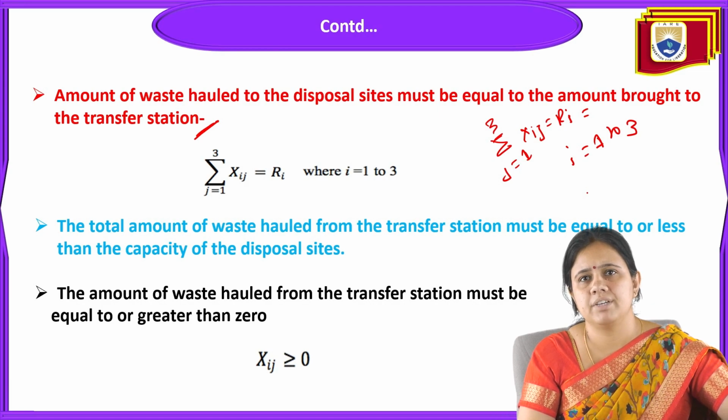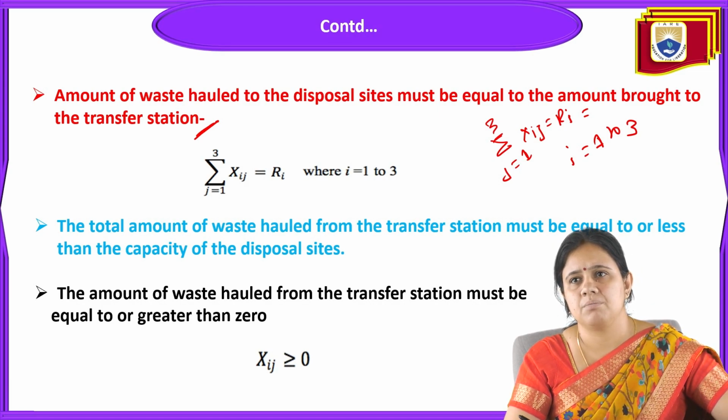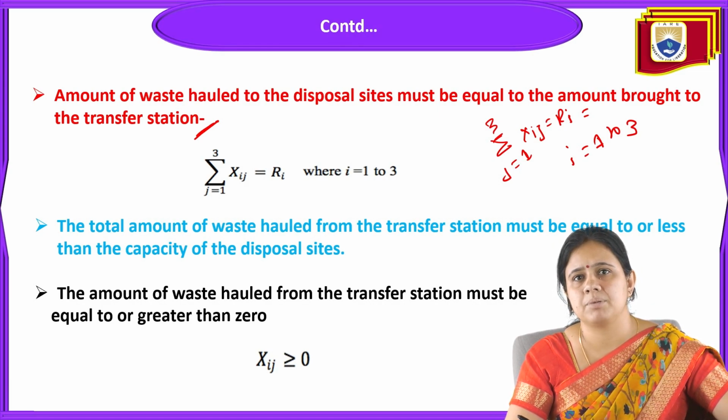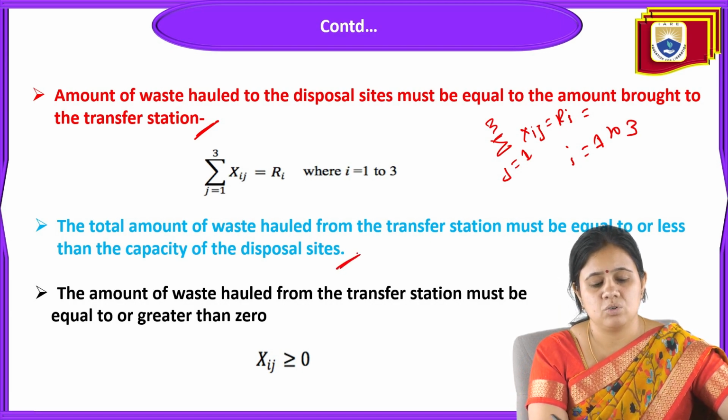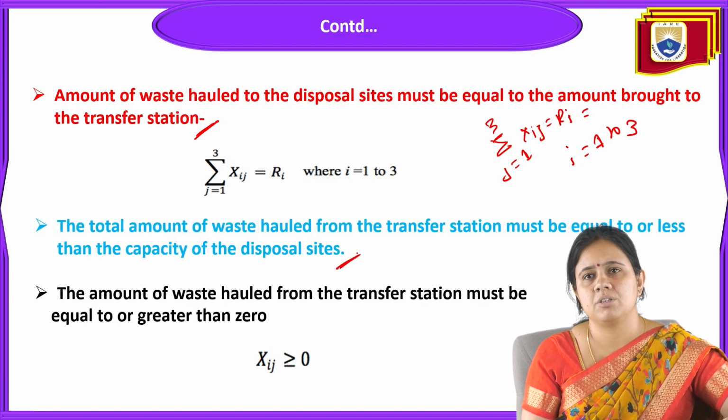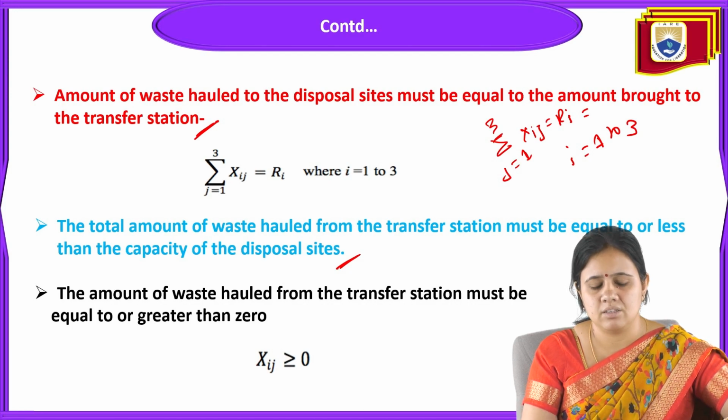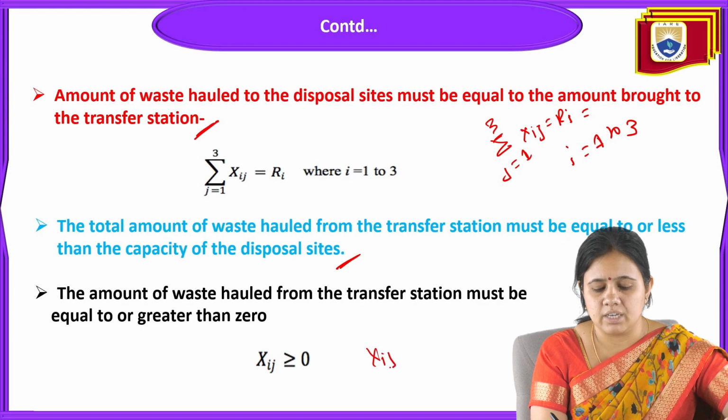The total amount of waste hauled from the transfer station must be equal to or less than the capacity of the disposal site. And the amount of waste hauled from the transfer station must be equal to or greater than 0, Xij greater than or equal to 0.